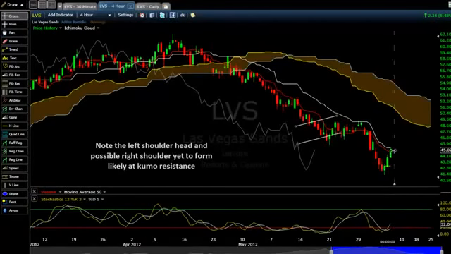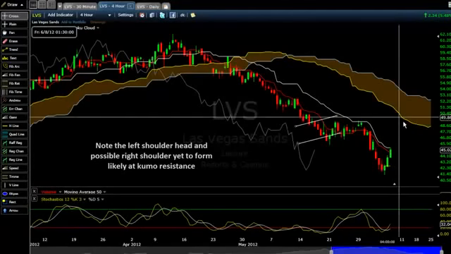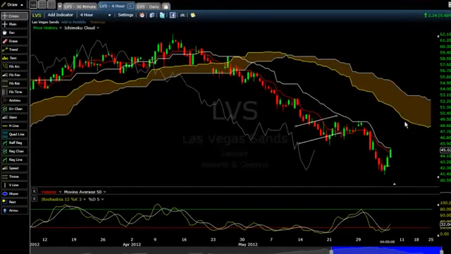And then I would look for a TK cross to the upside. Then I would look for resistance up here at the 48, 49 area, which is where that shows up on Goat's chart.